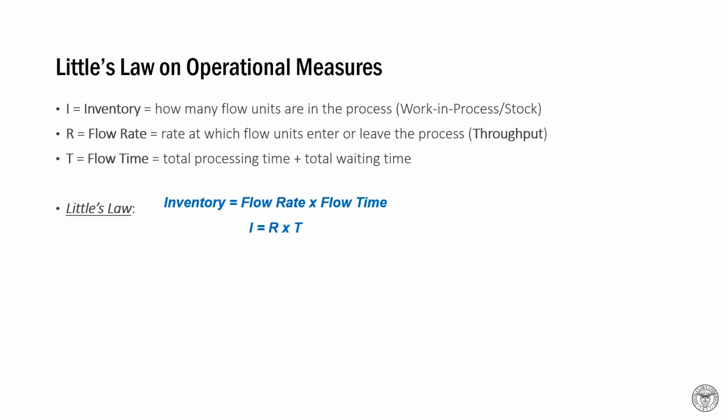That is, I equals R times T. In simpler terms, the amount of work in process inventory is equal to the rate at which work is processed multiplied by the time it takes for a unit to go through the process.